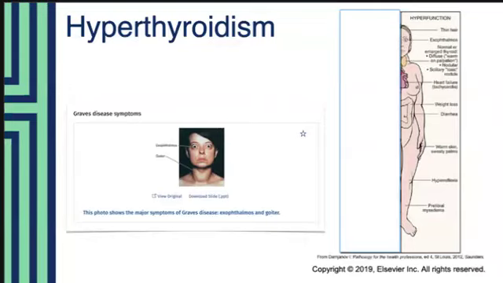There's also central or secondary hyperthyroidism, which is a little bit less common, but it's caused by TSH-secreting pituitary adenomas. Now, these manifestations, again, we're going to look at table 22.2 in the textbook, which shows increased metabolic rate with heat intolerance and increased tissue sensitivity to stimulation by the sympathetic division of the autonomic nervous system.